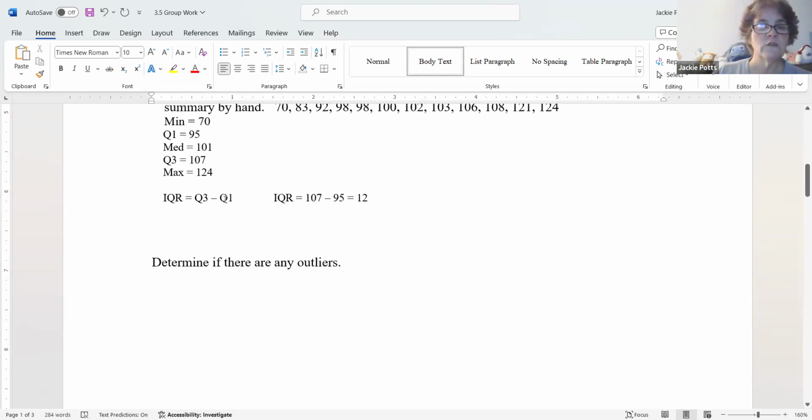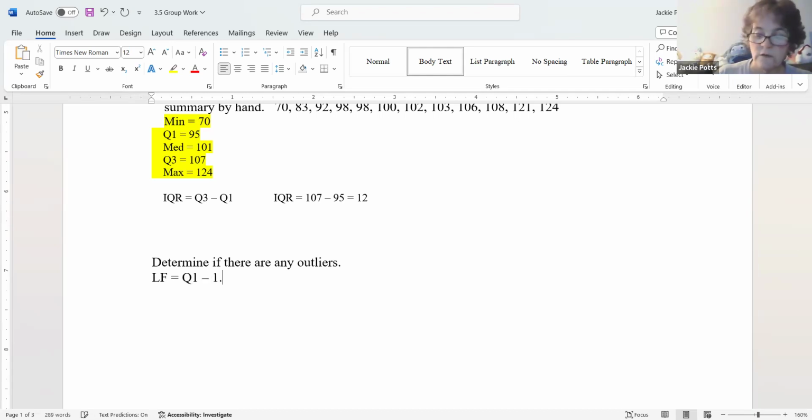So now it says to determine if there are any outliers. Remember how we did it? We had a lower fence, which was Q1 minus 1.5 times the IQR.